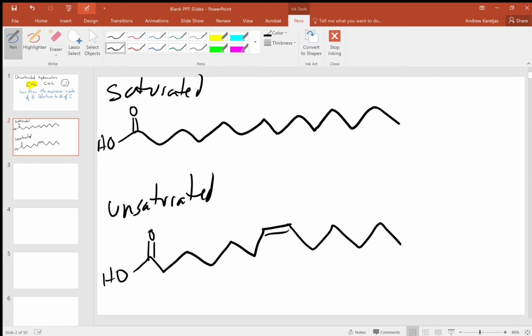Has a double bond. So it's short two hydrogens. And so that's the difference between a saturated and unsaturated fatty acid, is whether they have a double bond, or in some cases more than one double bond.